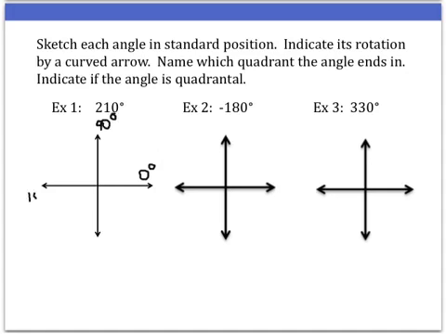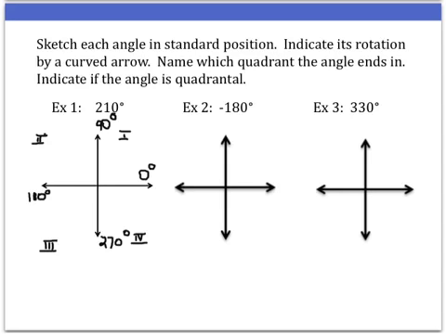This is 180, and this is 270, and it would be very good to learn those. Also, the quadrants. We start counting our quadrants with 1, 2, and it's always counterclockwise, 3, and 4.